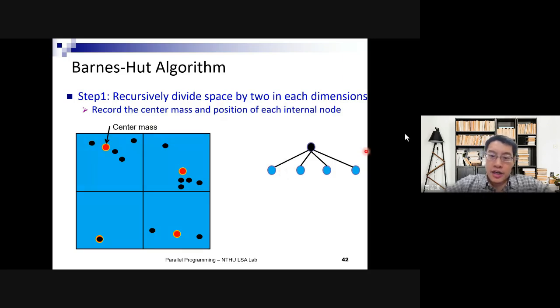Okay, and so how can we determine it efficiently? The famous algorithm called the Barnes-Hut is shown here. What it tries to do is build a data structure in order to represent the location relationship between those objects. You can see we just consider a two-dimension problem as an example.